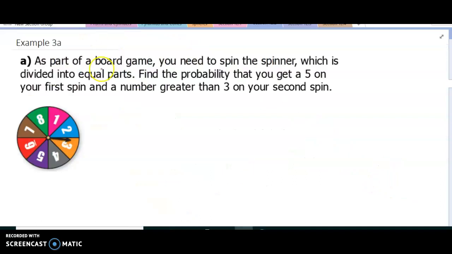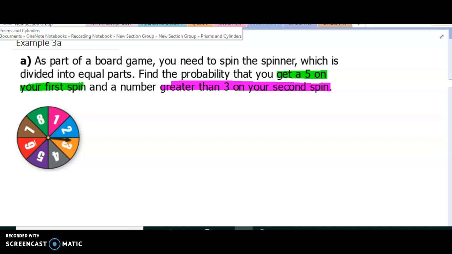All right, let's look at example 3A here. It says, as part of a board game, you need to spin the spinner, which is divided into equal parts. Find the probability that you get a 5 on your first spin and a number greater than 3 on your second spin. First of all, we want to think, are these independent or dependent events?